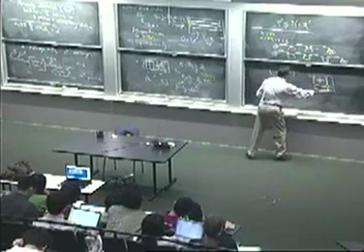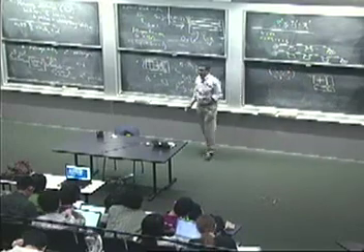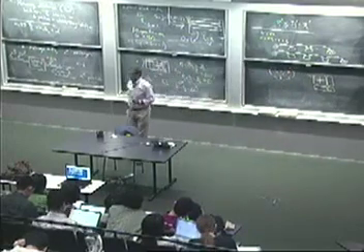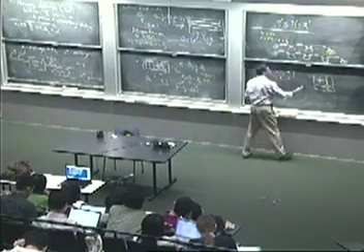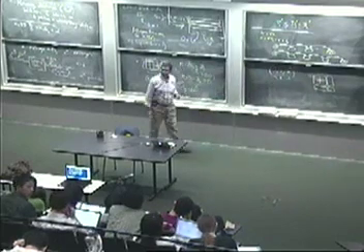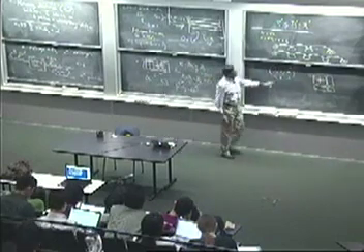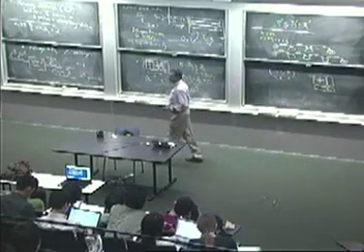What gives me the clue is I've got a minimum distance of 4. If it's a rectangular code with minimum distance 4, then I know I must have an overall parity bit. K is 4 because I just have 4 data bits. And overall, I've got to send 9 bits in each block. Okay?